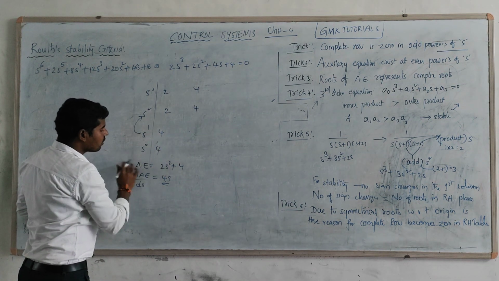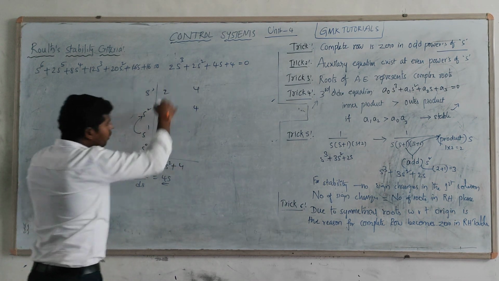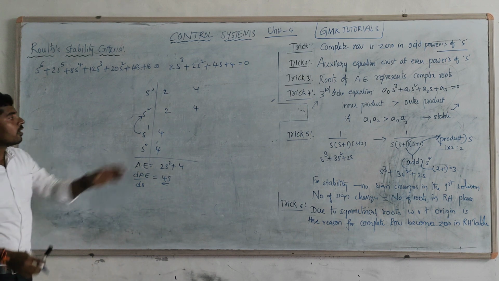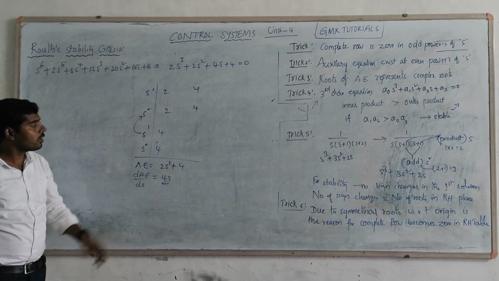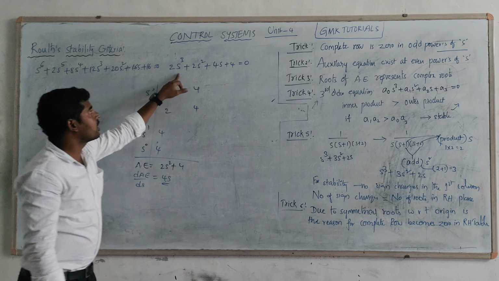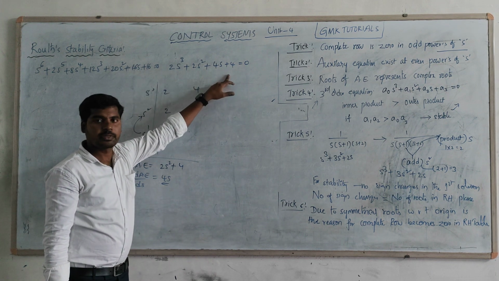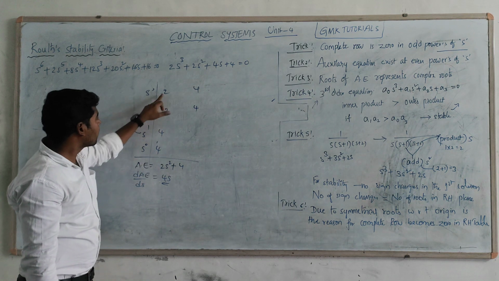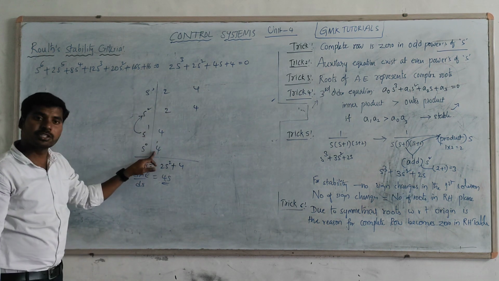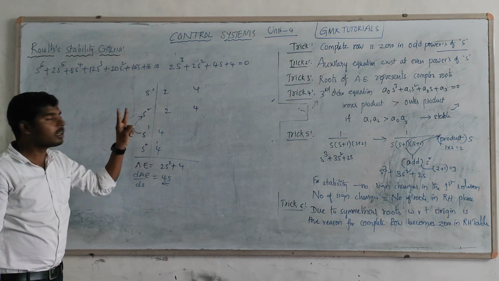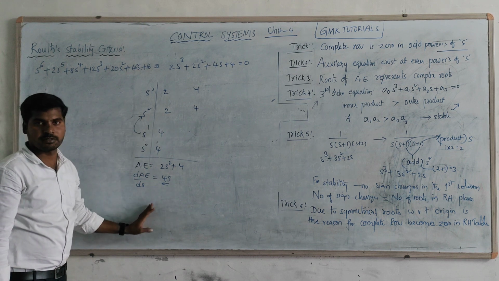In this consideration no sign changes take place in the first column of the RH table, and the necessary condition is also valid. All coefficients are positive, and the second consideration is that the number of sign changes in the first column is equal to 0. So both conditions are valid. Therefore, the system is a stable system.